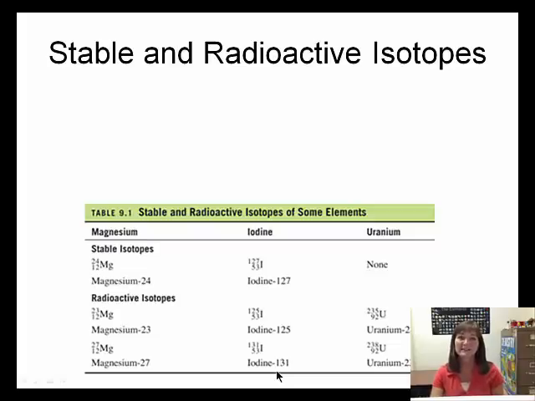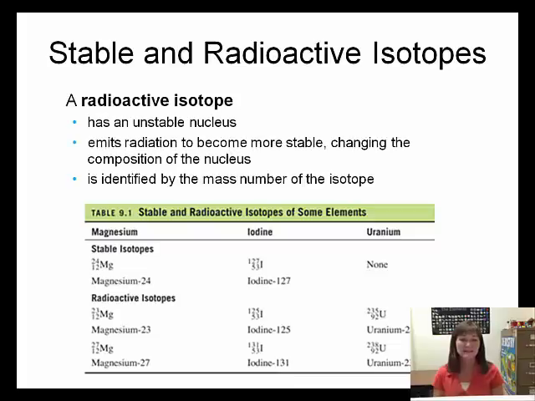So a radioactive isotope has an unstable nucleus. It's going to emit radiation to become more stable, changing the composition of the nucleus. A radioactive isotope is identified by the mass number of the isotope. So if you're trying to convey to somebody what particular isotope of an atom you're talking about, you have to give them the mass number. Because remember, that's our definition of isotopes.